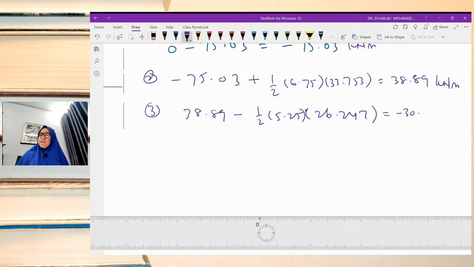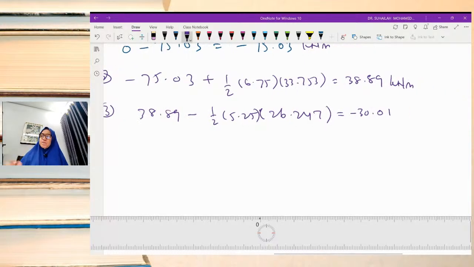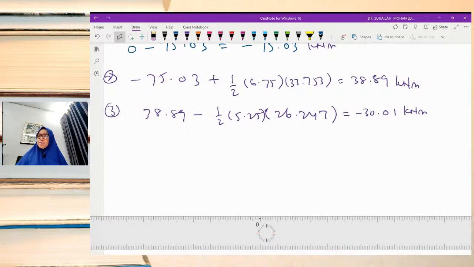Negative 30.01. So all this moment is negative 30.01.